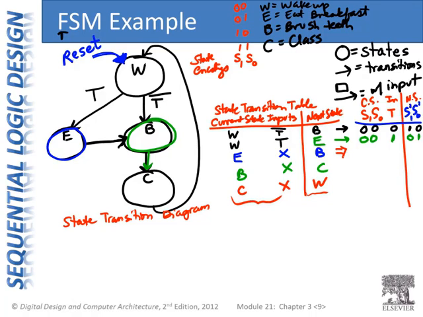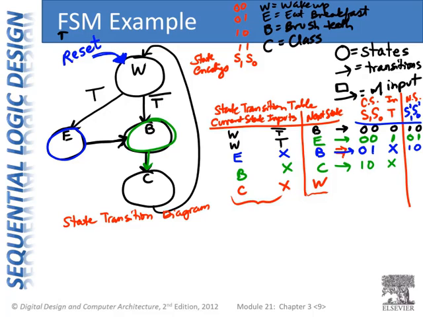Now we take the next row, encode that, E. We look up at our state encodings. Always write those down so you can keep track of them. E is 0, 1. Don't care what T is. The next state should be B. Look up and see our encoding for B is 1, 0. Next row, we have B. Again, B is 1, 0.